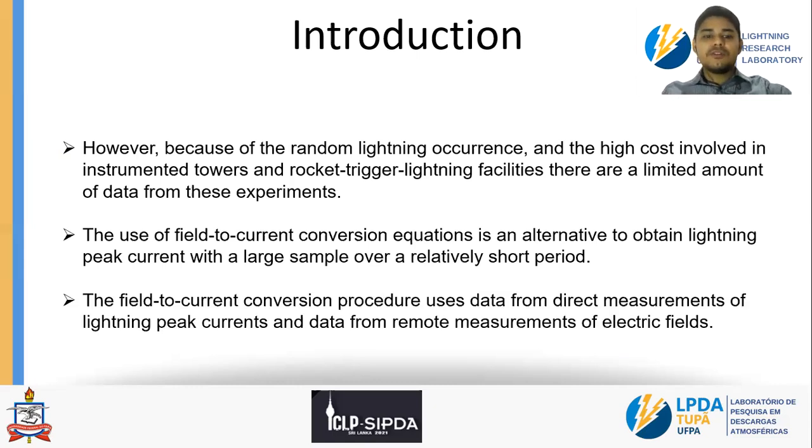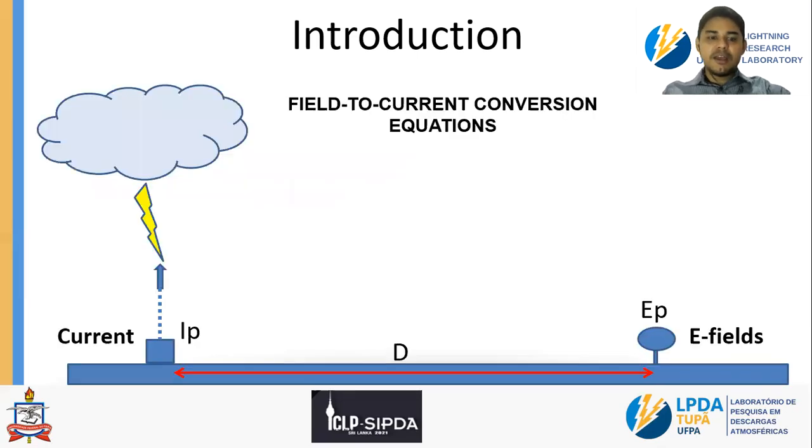The field-to-current conversion procedure uses data from direct measurements of lightning peak currents, which can come from instrumented towers or rocket-triggered lightning facilities, and measurements of electric fields. Here I have a schematic of the direct measurement of peak current using rocket-triggered lightning and the electric field.